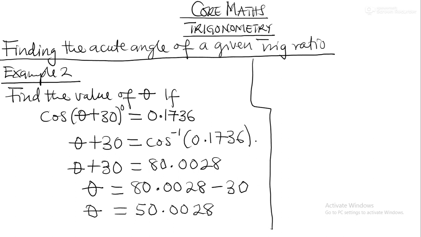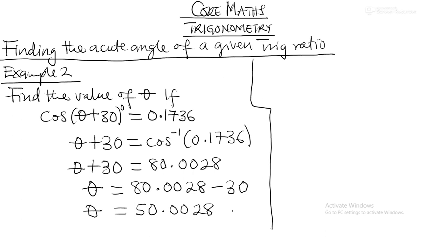Now, if you are not told to approximate, you can leave your angle to 4 decimal places. That is the best way of presenting it. Also, before you approximate, make sure you write the longer one first. If you decide to approximate to the nearest degree, you have to write all the 4 decimal places first.